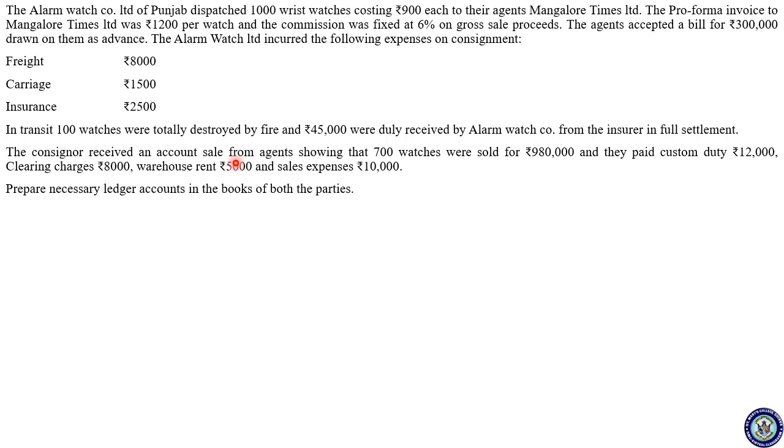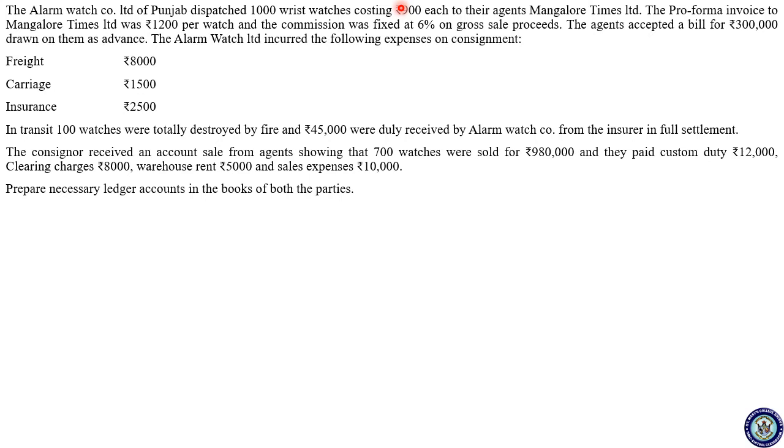It is charged between the countries. I think it was given as custom duty by mistake, because it is crossing the border of the state, not the international border. But we will take it as custom duty only.